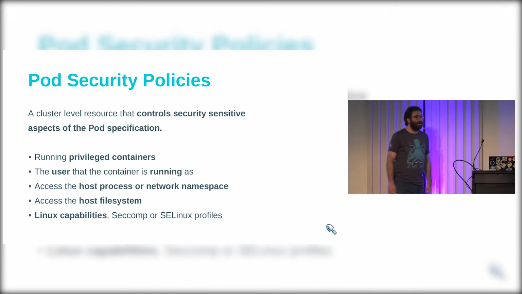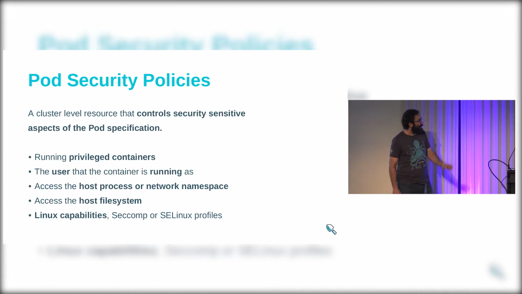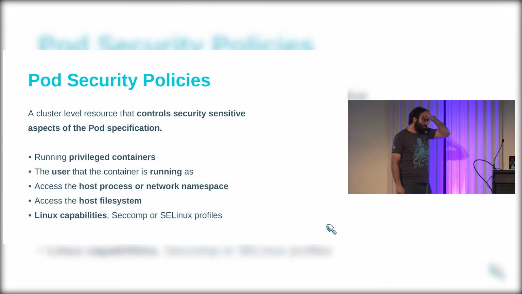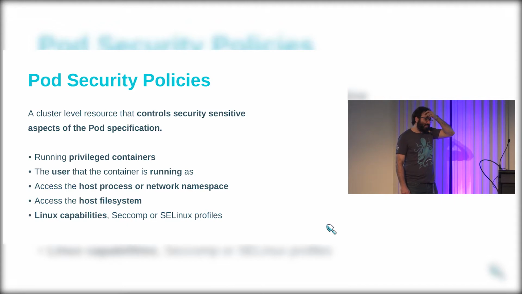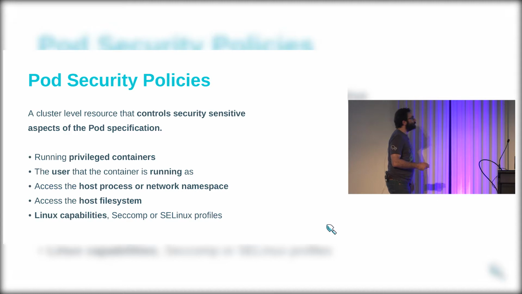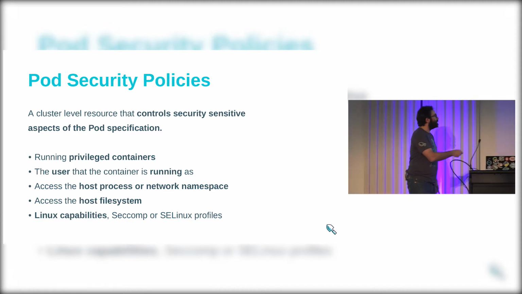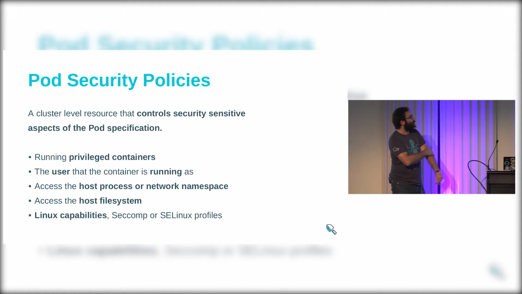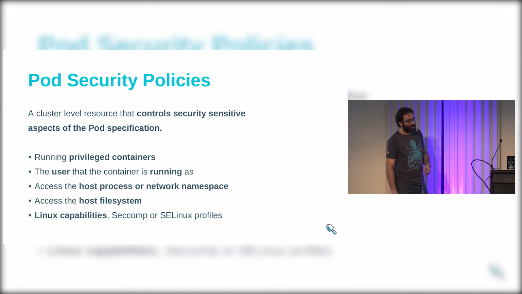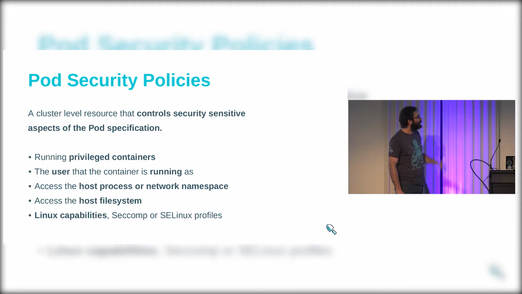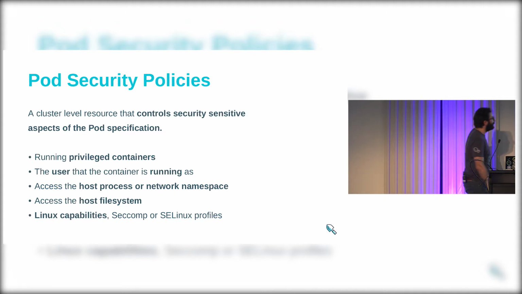The second one is the pod security policies, the PSP. The PSP offers some mechanisms to secure your pods. For example, you can control with a PSP whether to run privileged containers, and which user is going to run one pod or another.